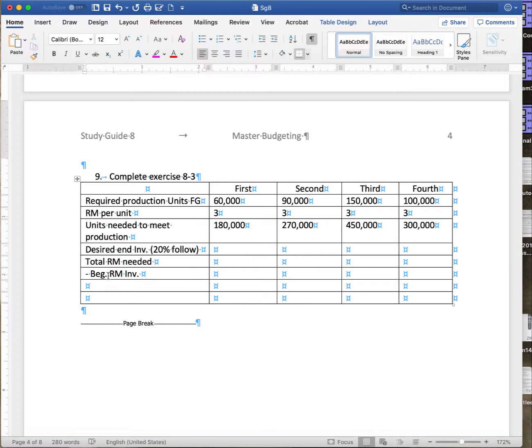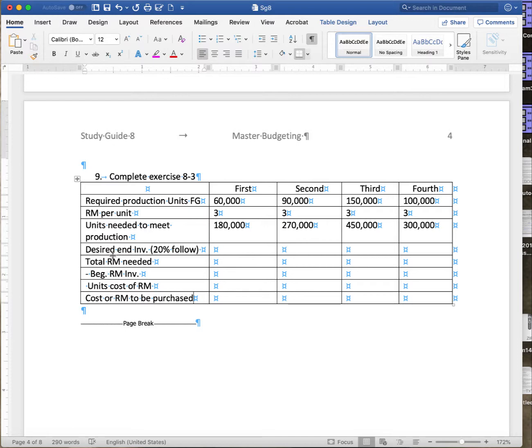To that, I'm going to ask, what is the unit cost of RM? And that's going to give me the total cost of raw material to be purchased.